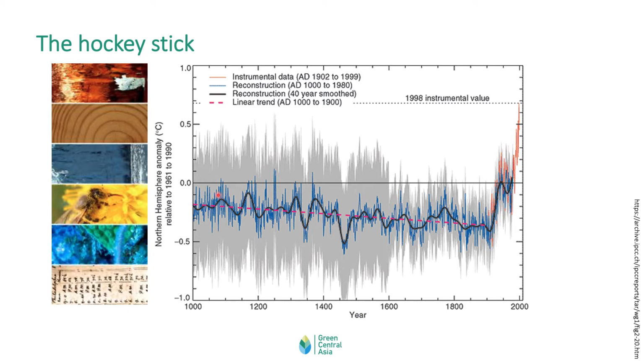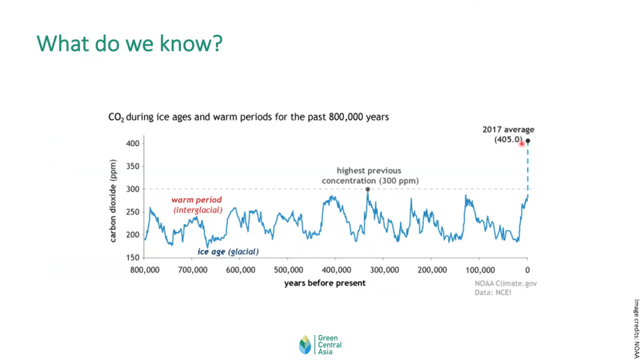We call this plot the so-called hockey stick. And we know again from the proxy data that if you look at the last 1 million years, we had different warming and cooling periods or cycles in our climate system. These warming periods are called interglacials because they were between two ice ages.